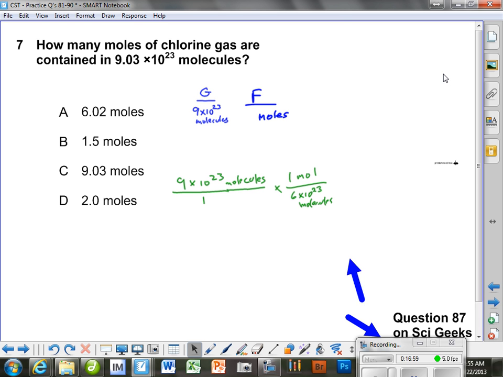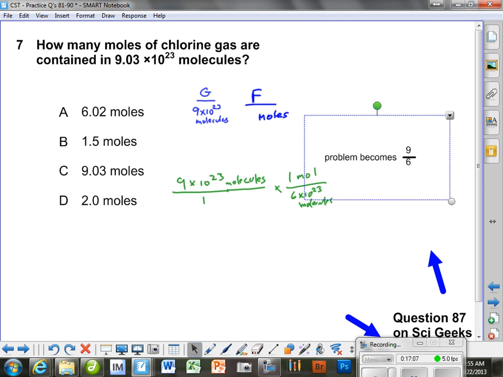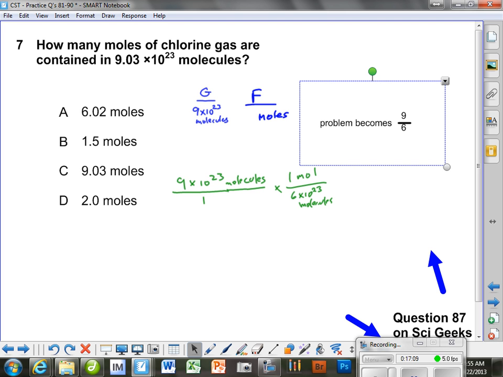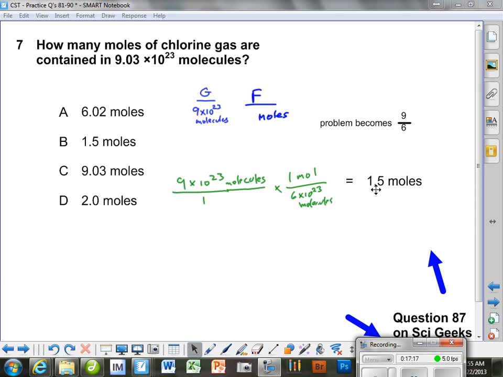So the problem is actually boiling down to 9 divided by 6. And that's pretty easy. We're going to come up with an answer that is equal to 1.5 moles, which is letter B.